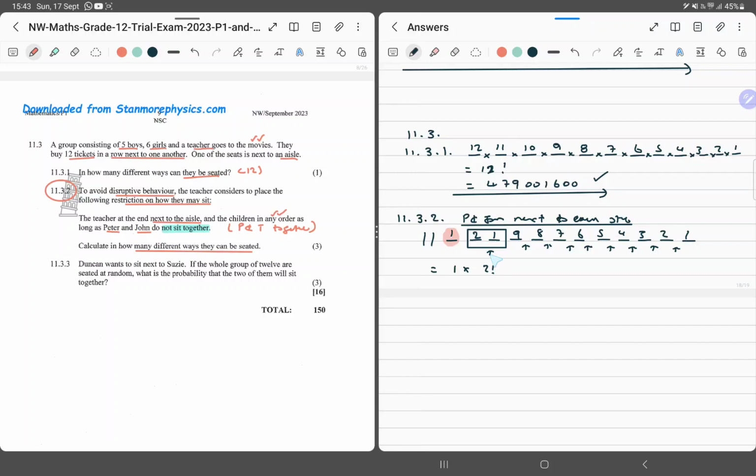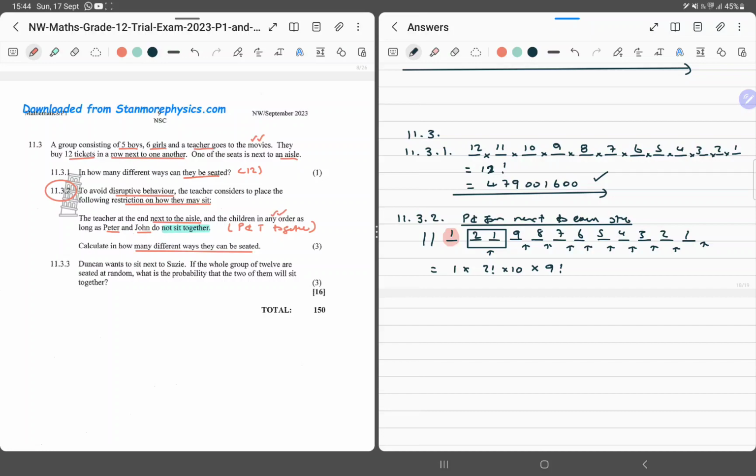But now this 2 factorial can be in these positions 1, 2, 3, 4, 5, 6, 7, 8, 9, and actually 10. So this is times 10. And then multiplied by this 9 factorial of these other kids. Okay, so this is how many ways these folks can be put.